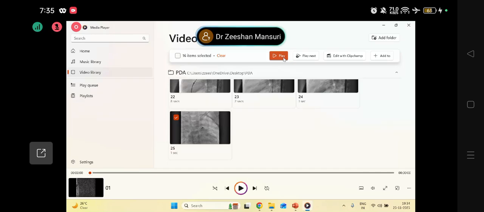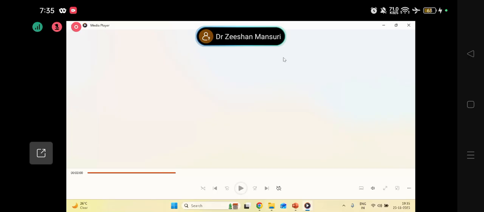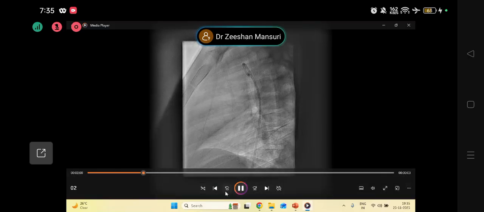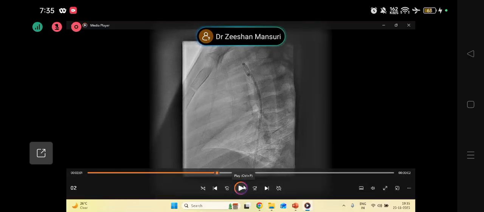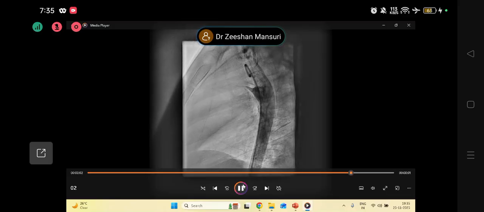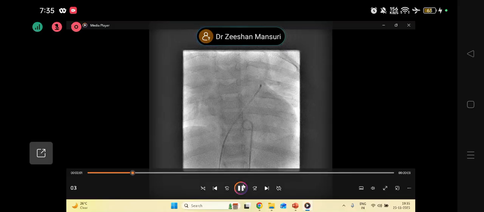If it does not happen, like in this case, where we performed this patient, because this patient had a slightly restricted PDA, but the patient was a 3-year-old girl with post-stenotic dilatation of the pulmonary arteries, and we cannot cross it from the aorta.